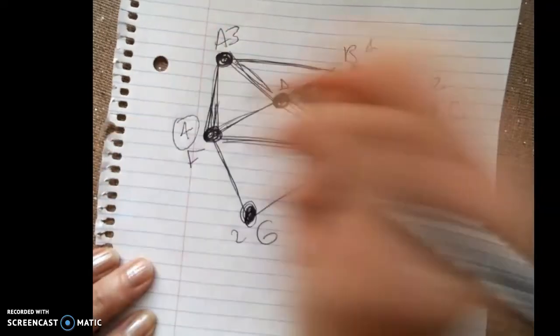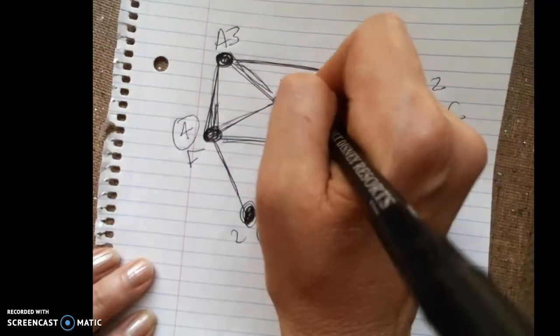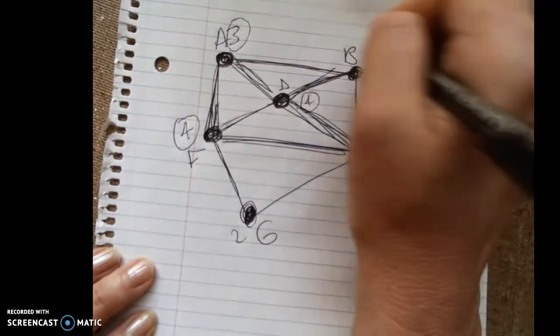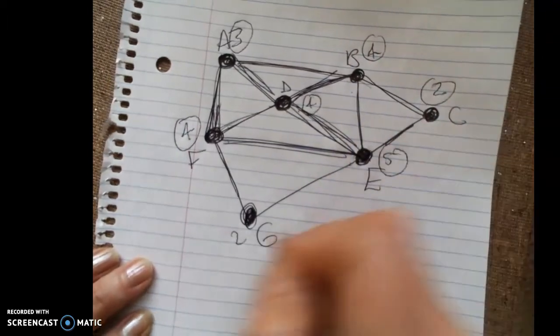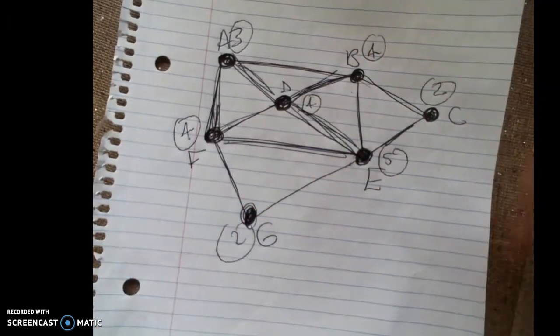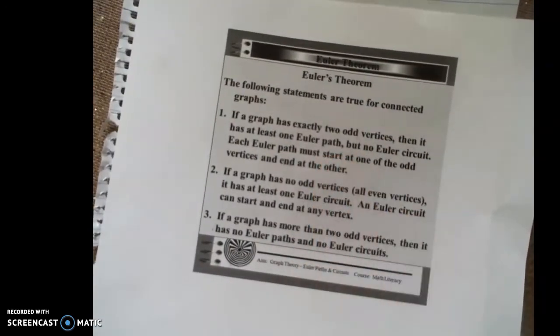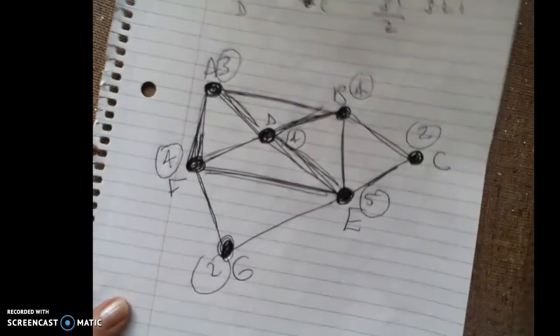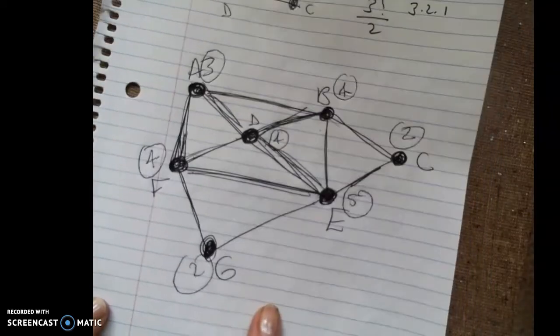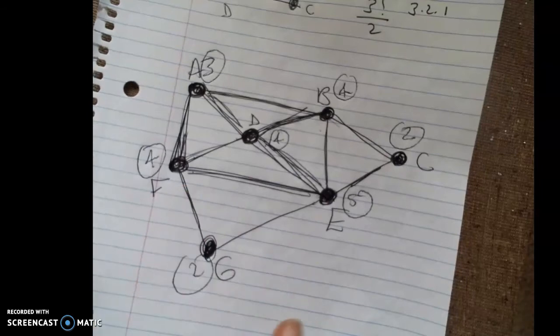That's 4, 1, 2, 3, 4. Let's see, do I have 2 odds? I have exactly 2 odds. So it has a path but no circuit. Okay, so I'm going to be looking for a path, and again, probably a good idea to start at one of my odds. It just gives you more transportation.